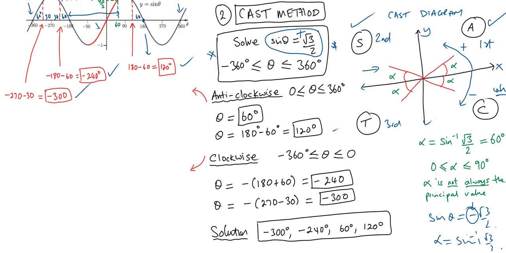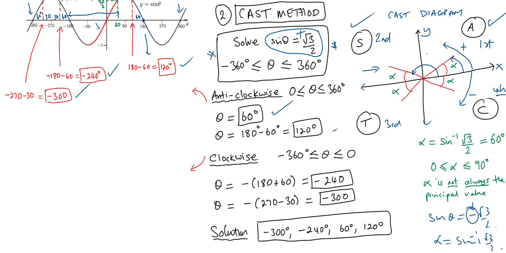The first angle we're going to come across is this angle, and we know that's 60 degrees because alpha is 60 degrees. Then the next angle we're going to come across is this angle. Are we okay to use this angle? Yes, because sine is positive in that quadrant.